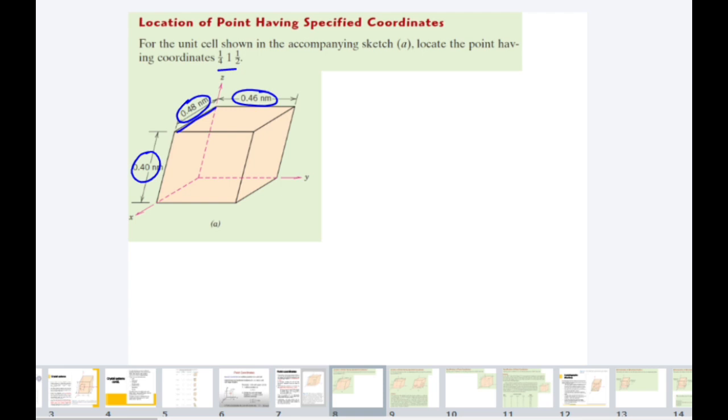So by this coordinate system, 1 by 4, what do I mean? 1 by 4 of A. So 1 by 4 multiplied by A. A is 0.48, right? So whatever number you get, you will draw here. Let's say that number is here. So I just draw that one here.